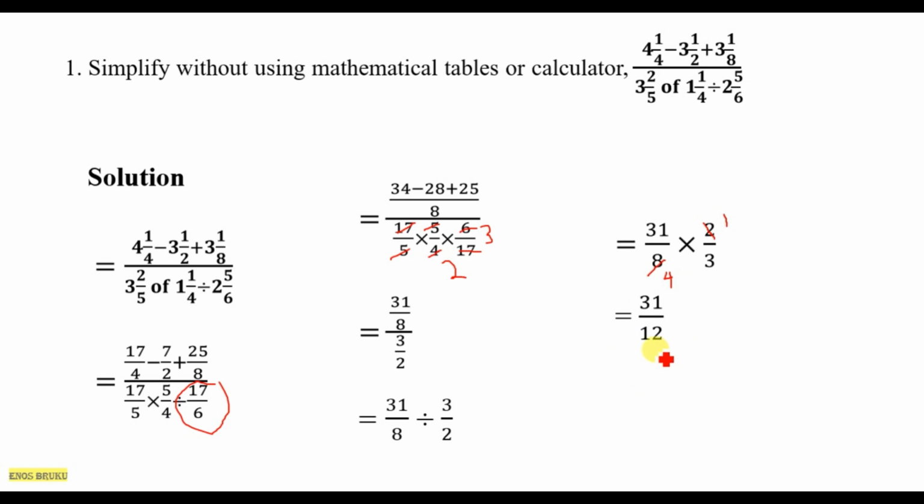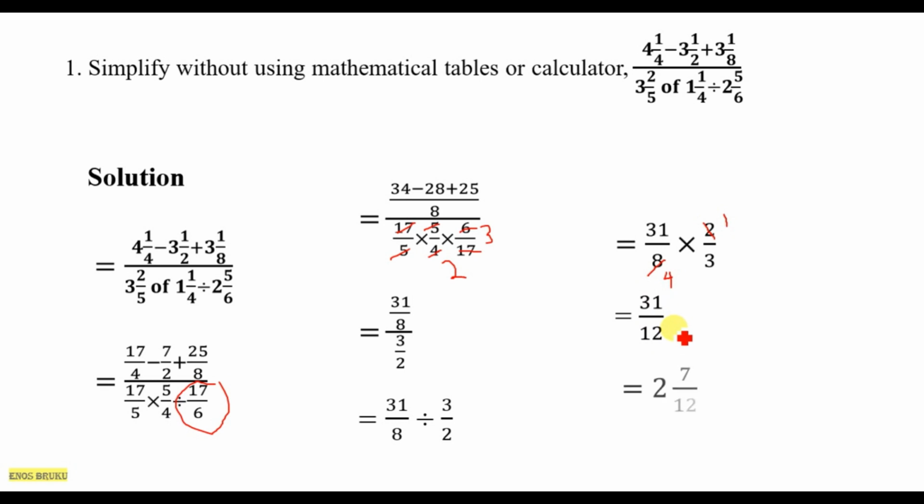So we don't end it there. We continue to leave our answer in a mixed fraction form. To change this improper fraction to a mixed number, you see how many times 12 will go into 31.